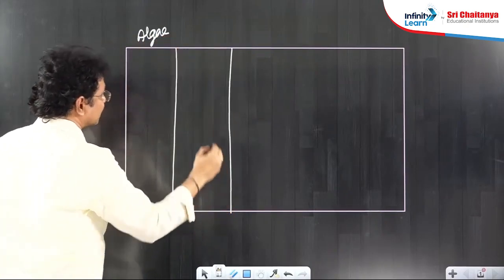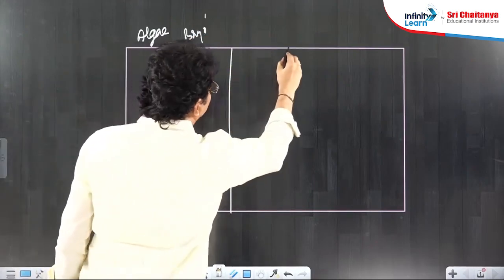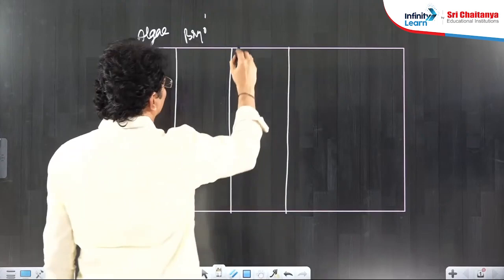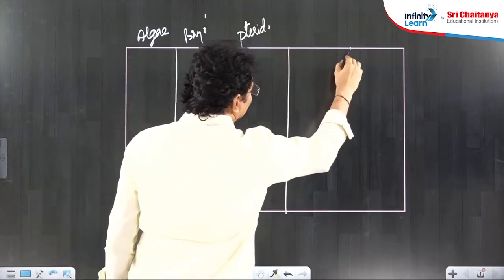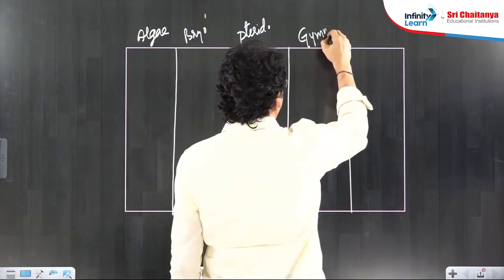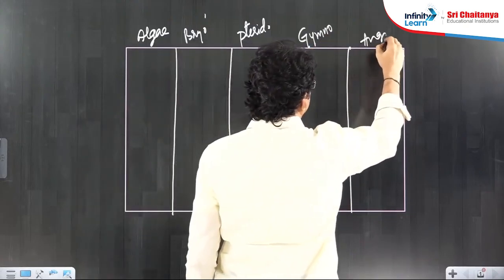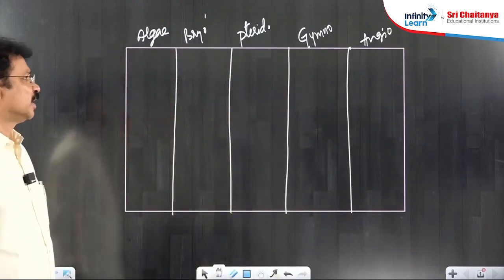Second occupants in this plant kingdom, bryophytes. Third occupants, pteridophytes. Fourth and fifth respectively, gymnosperms and angiosperms.